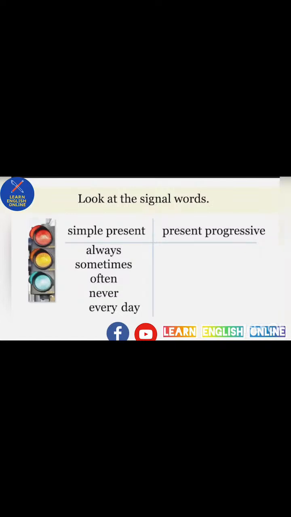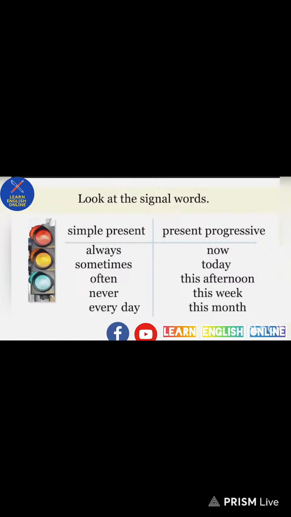And this tells us that something happens again and again, and that's our use for simple present. On the present progressive side, of course, we have the word now. But we can also use the word today to mean now, and we use that word this afternoon, this week, this month. This shows us that it is happening now.